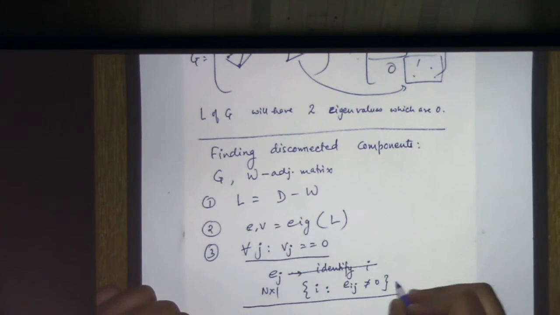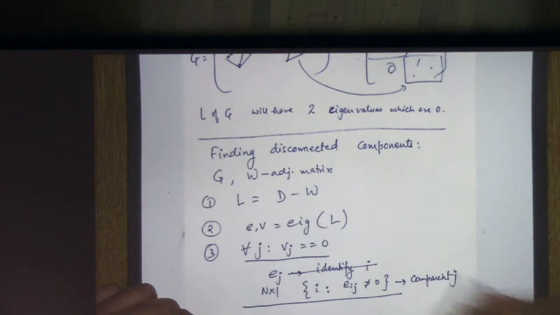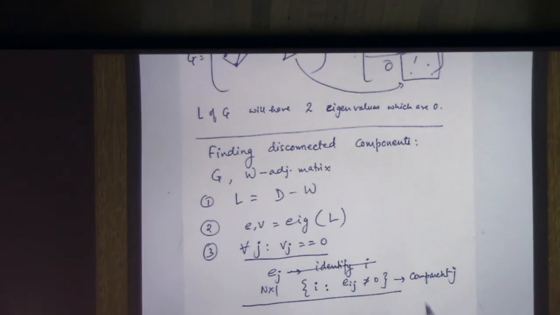So this will be component j. If you follow this algorithm, first you will do the eigenvector analysis, then you will look at every zero eigenvalue. Then for that eigenvalue, you will look at its eigenvector, and then you will identify the points where it is non-zero. All those points will belong to one component.